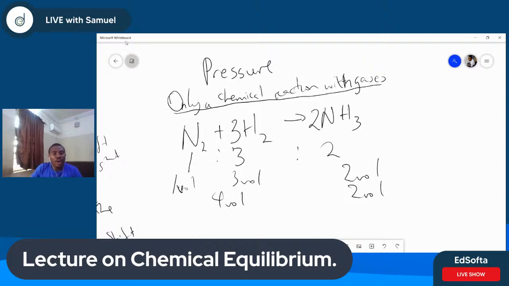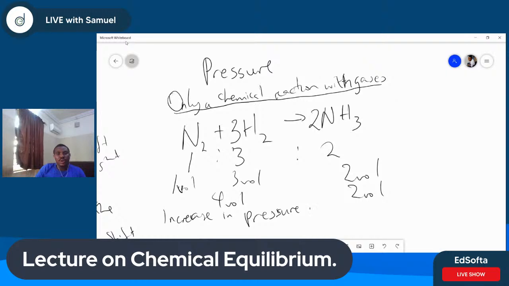Pressure will favor the side with lower volume. The volume is from the mole ratio. Just add it together: for the reactant side we have 4, for the product side we have 2.